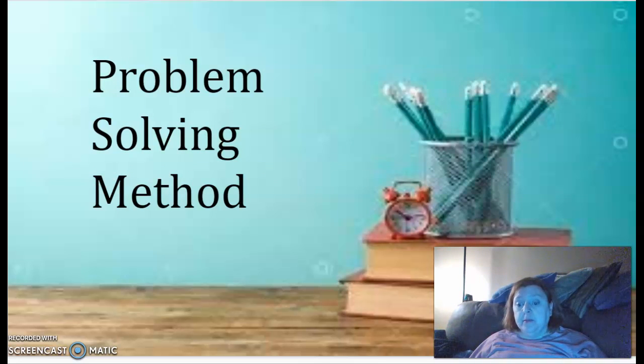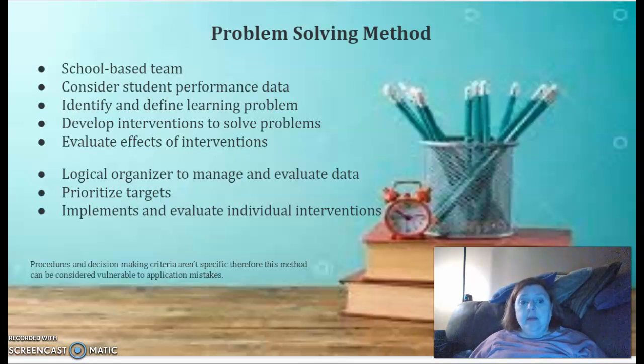It is a school-based team approach that schools have used in the past, and some still continue to use, but it is something that they are moving on from. However, some schools still use this, but let's go on.